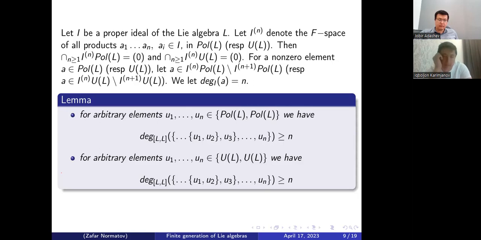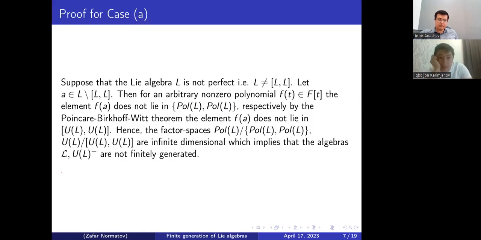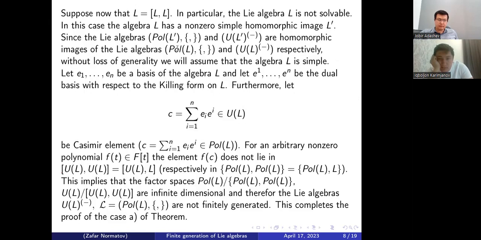Yeah, of course. Actually, they are just looking at some cases, for example the non-perfect case and the perfect case, and they are finding one element such that the evaluation of all these polynomials at this element doesn't lie in the bracket.